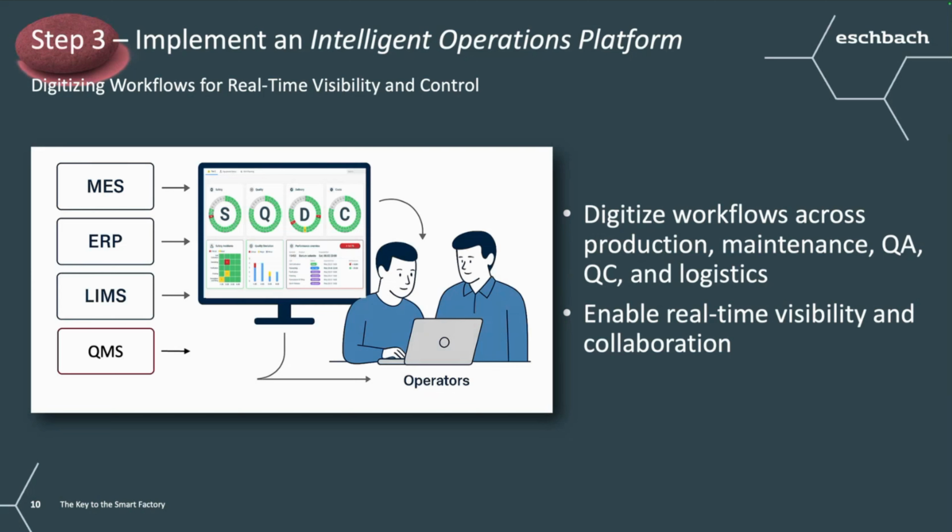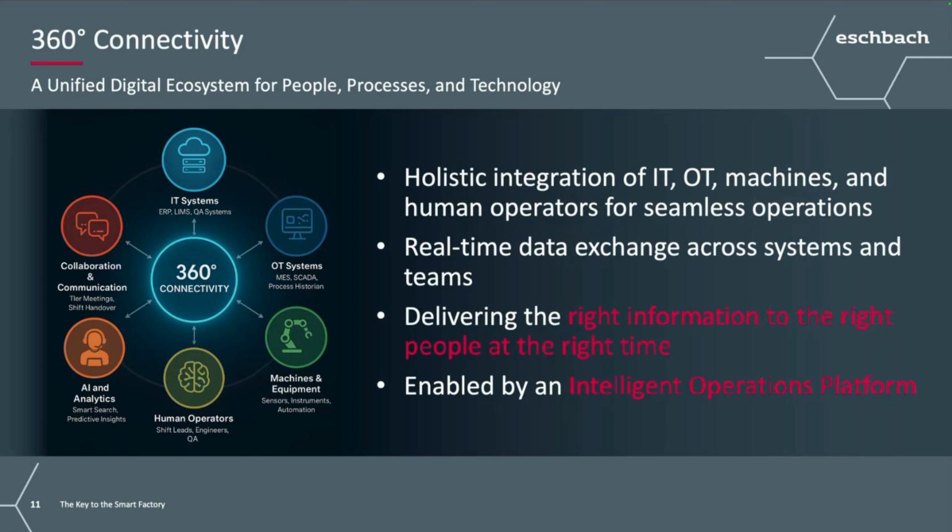And with that platform we came up with the concept of 360-degree connectivity: getting information and data out of all of your IT systems, out of all your OT systems, your SCADA systems, from the shop floor, from the machines, from the equipment, and connecting all that information with AI in order to contextualize it.